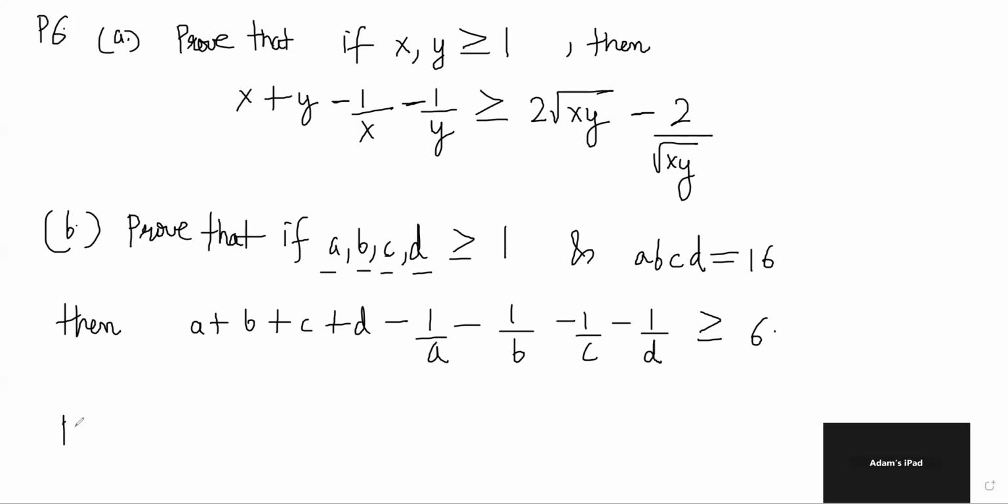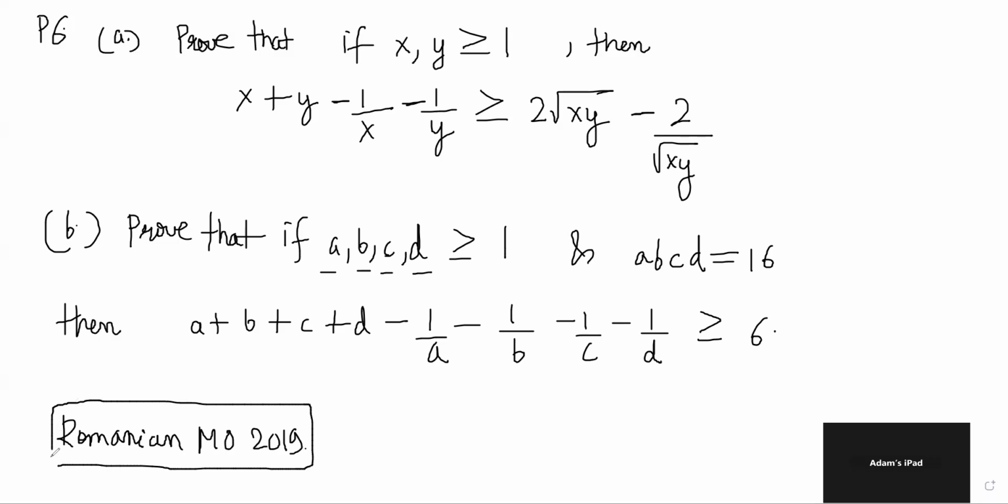This question is Romanian Maths Olympiad 2019. Write this down and then there is one last question.